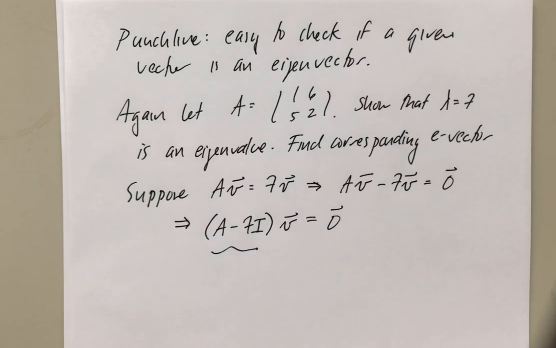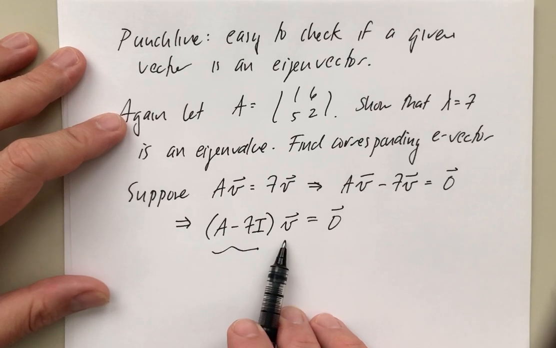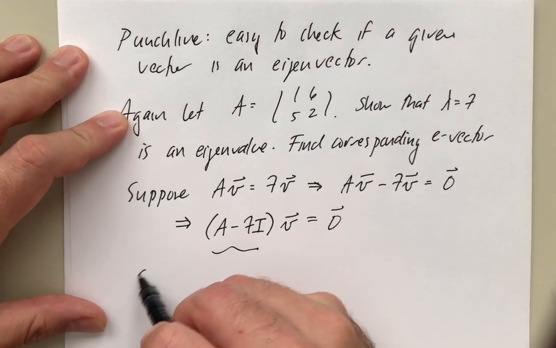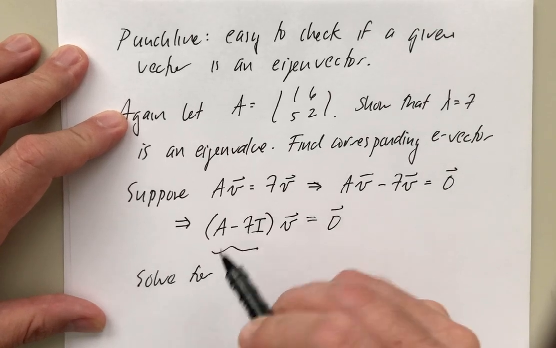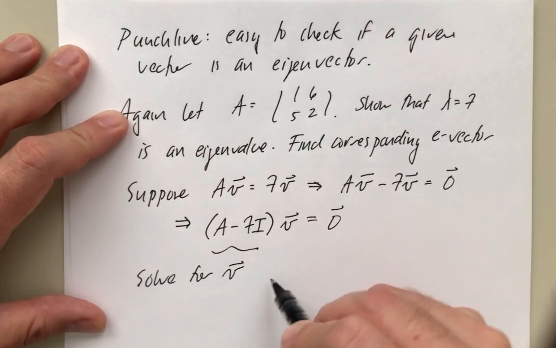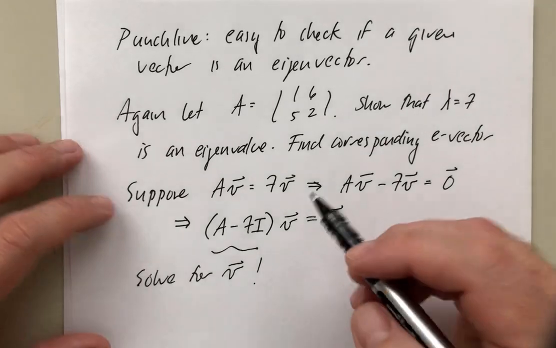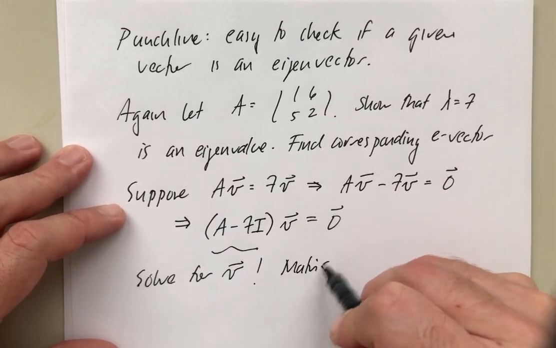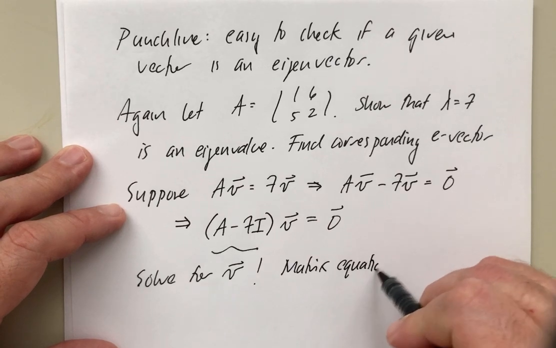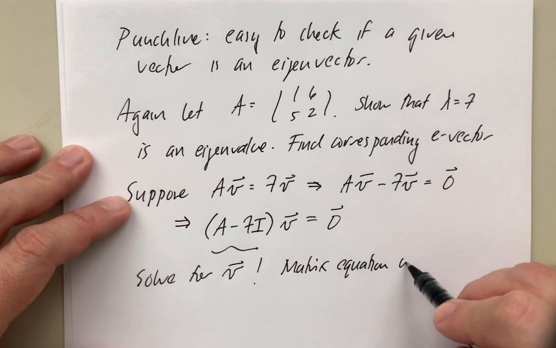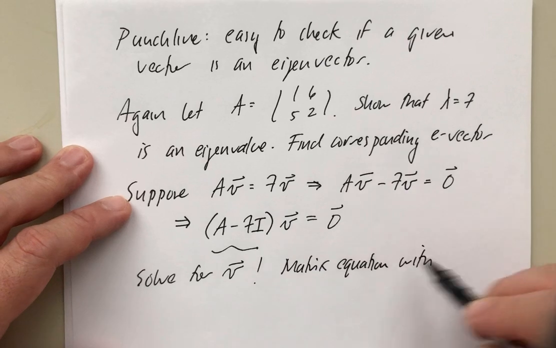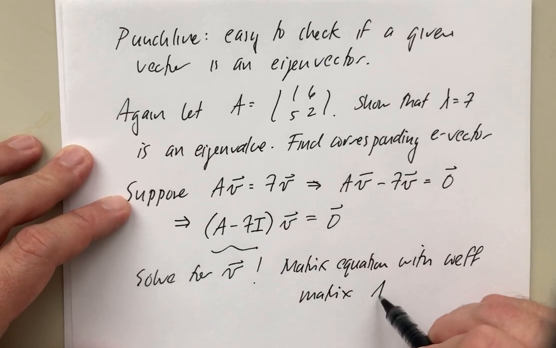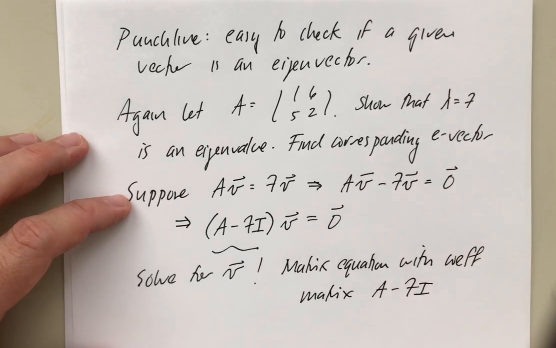What we're asking now is which vector solves this matrix equation. We want to solve for V, with coefficient matrix this funny thing, A minus 7I.